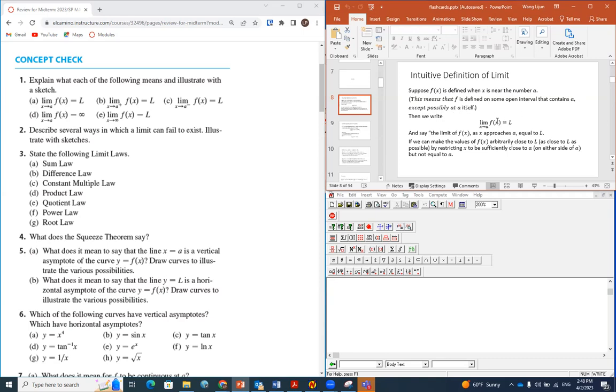As we talked about in class, when we consider the limit of the function as x approaches a, a may or may not be in the domain of f.